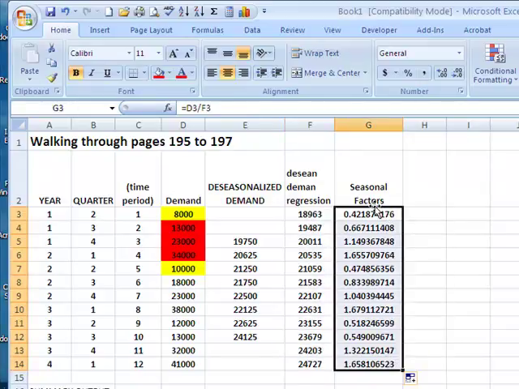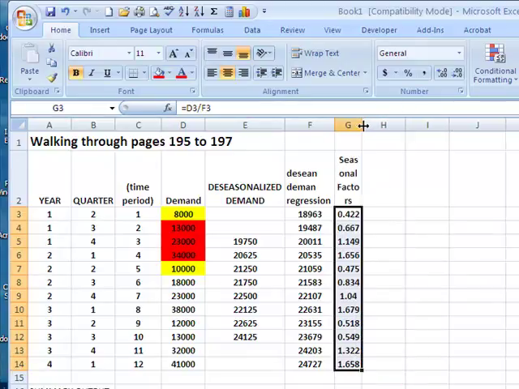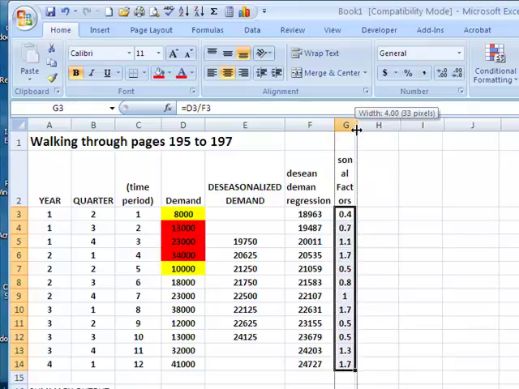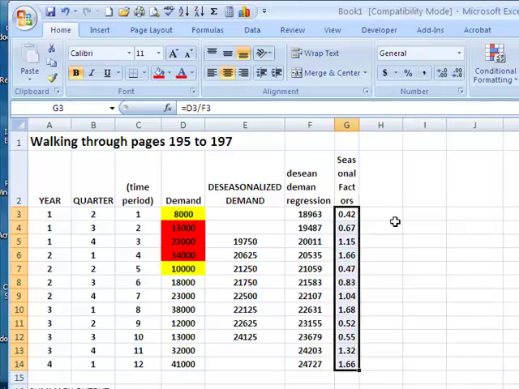Okay, the seasonal factors are given here. Again, your book rounds them off in further analysis, so I'm going to use the rounded values that your authors use so that we get the same answers.